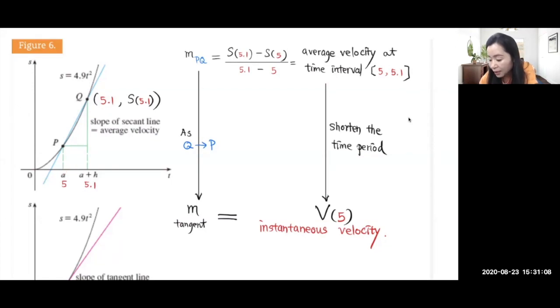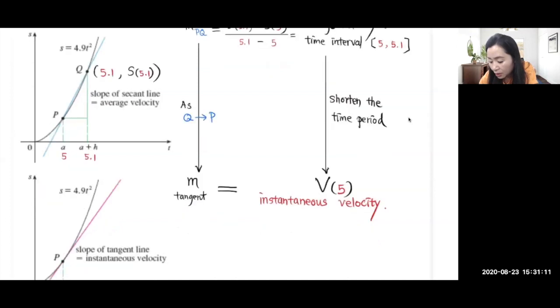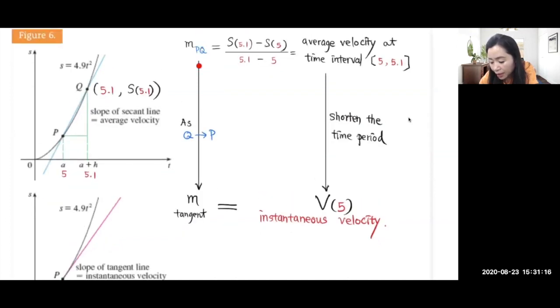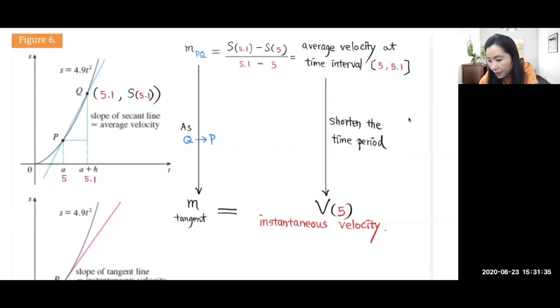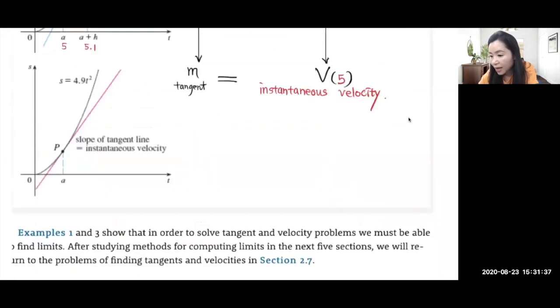As you do that, the secant line is getting closer and closer to the tangent line, and the slope of the secant line is getting closer and closer to the slope of the tangent. And the average velocity is getting closer and closer to the instantaneous velocity v5. Now this is the end of 2.1.